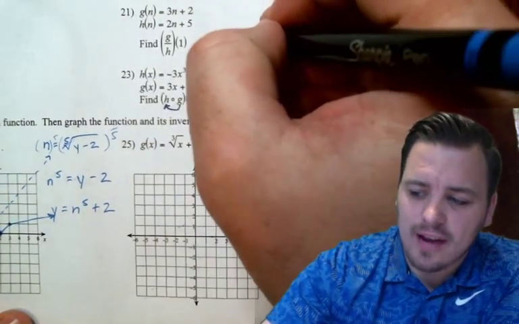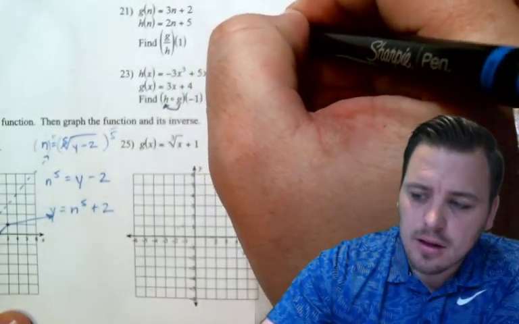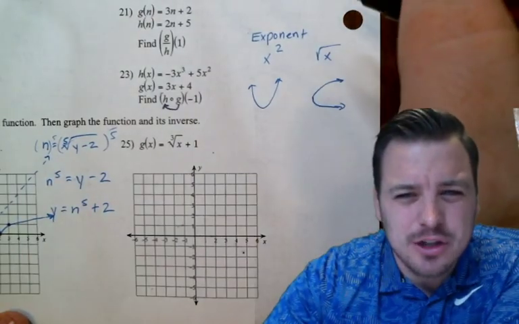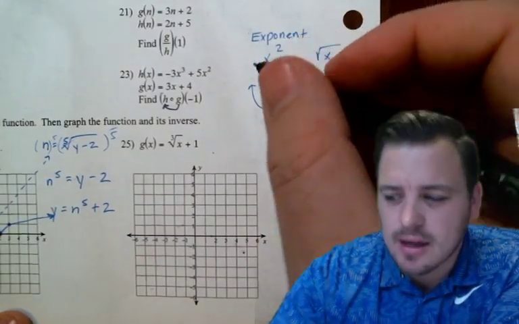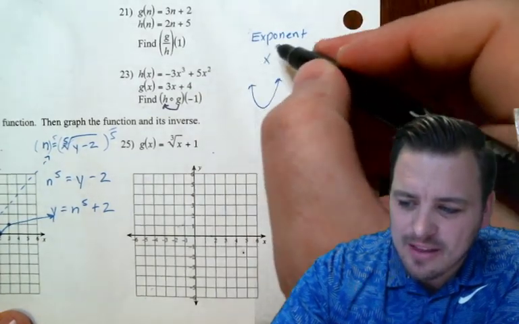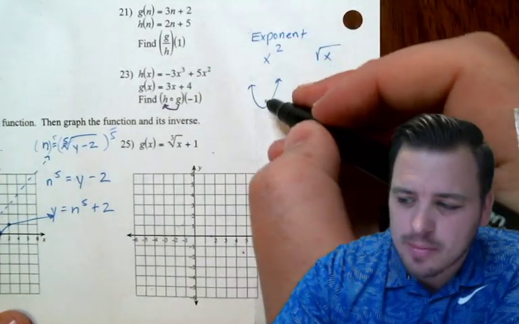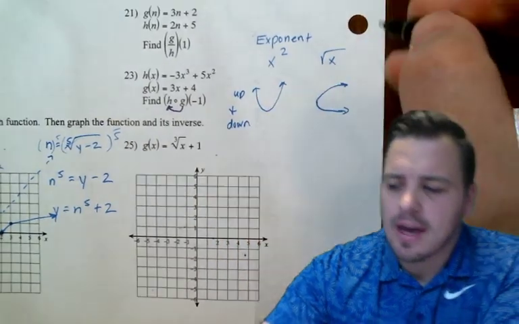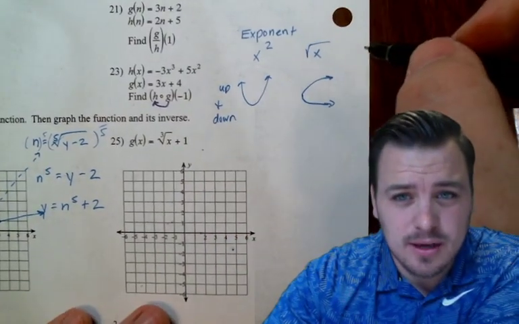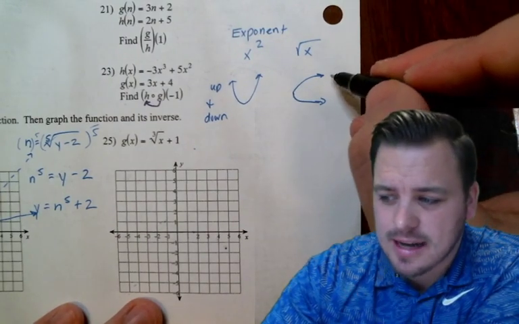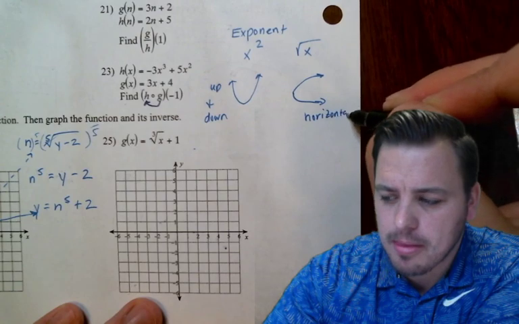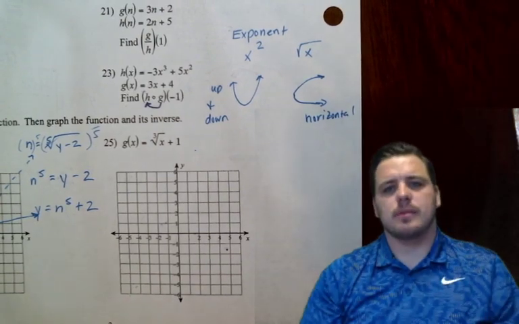So think about this. When something grows exponentially, it's going up and down. So anytime you have an exponent, it's going up and down. But when you have the square root of something, it's going to be going side to side, or horizontal. Yep.